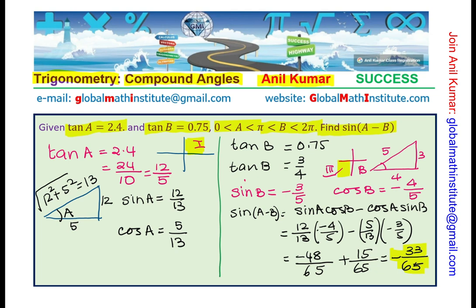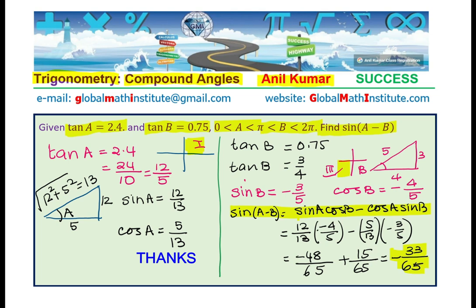If you are in quadrant 3, both are negative. And then you know the formula for sin (A minus B), which is sin A cos B minus cos A sin B. In this formula, substitute the values which you just found and simplify to get the answer. I hope it makes sense.